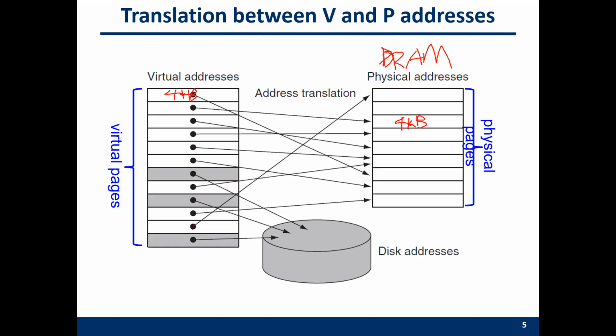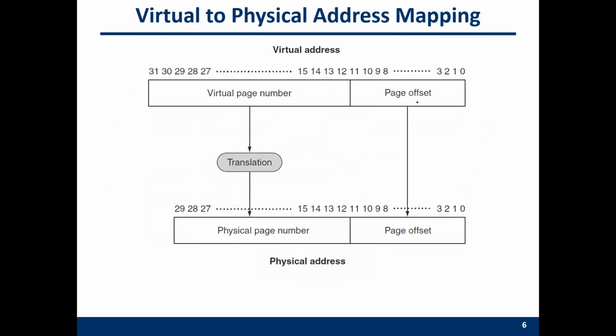You can see this page is stored here, but this physical page may not belong to this application. It may belong to some other application. So only the virtual memory is consecutive. This is the virtual memory to physical memory mapping, or translation.